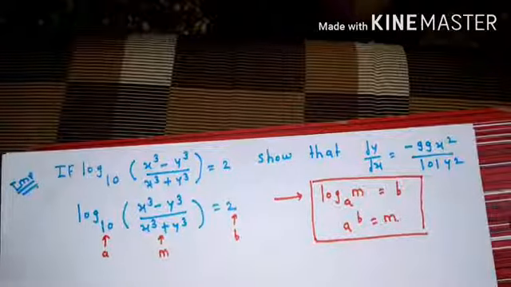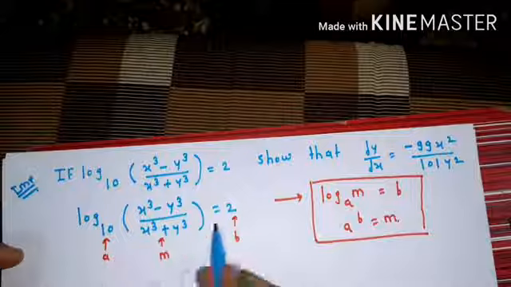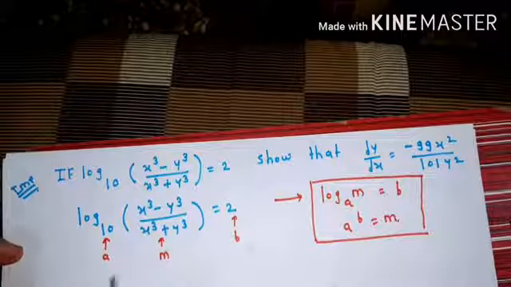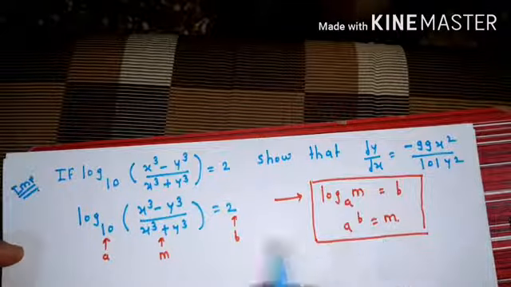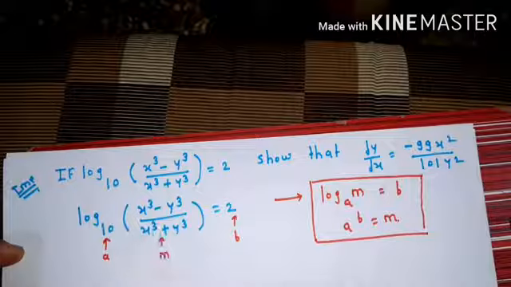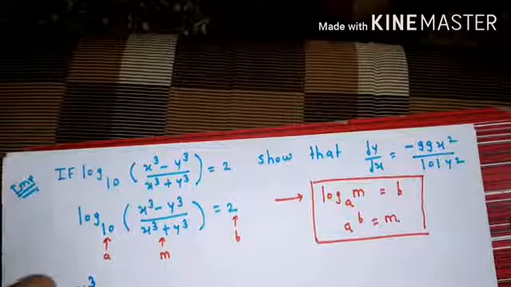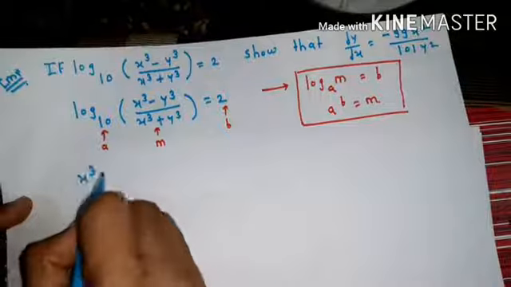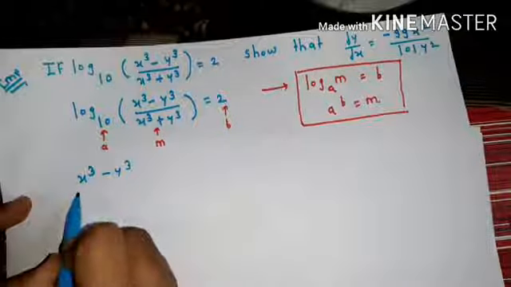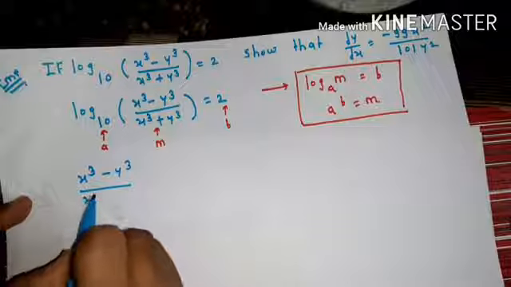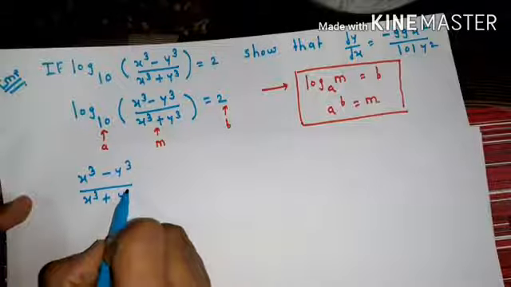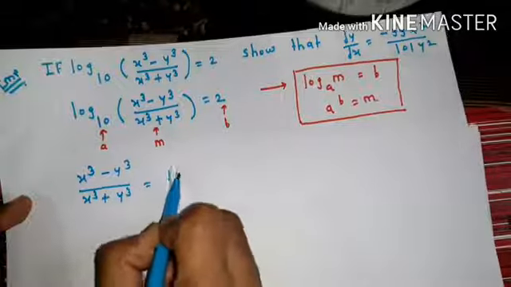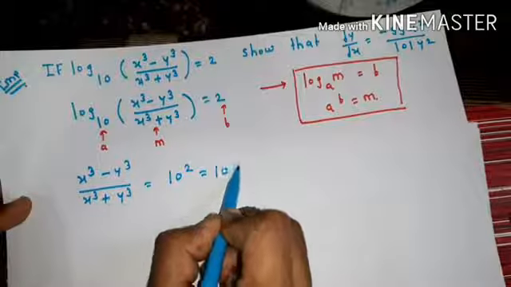By using this definition, we can convert this, that is m equal to a raised to b. M is x raised to 3 minus y raised to 3 upon x raised to 3 plus y raised to 3 equal to 10 square, that is 100.